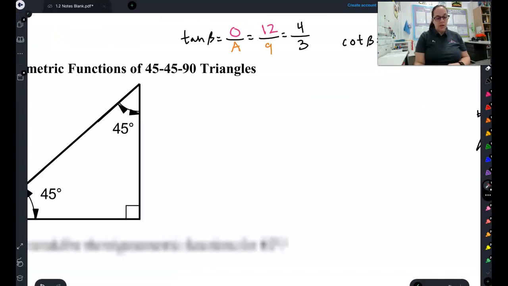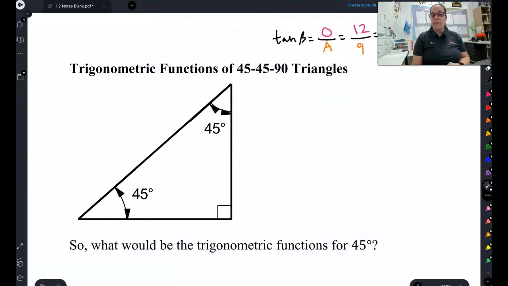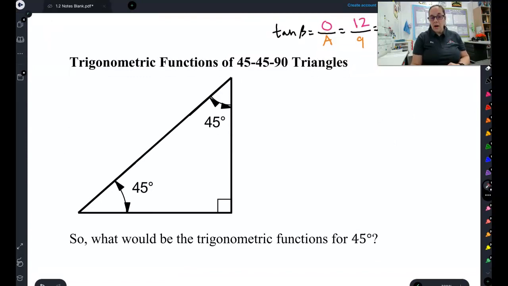Now, understanding all of this, let's look at our 45, 45, 90. In our 45, 45, 90, we have two angles that are identical, that are the same, which means the sides across from those angles will also be the same.